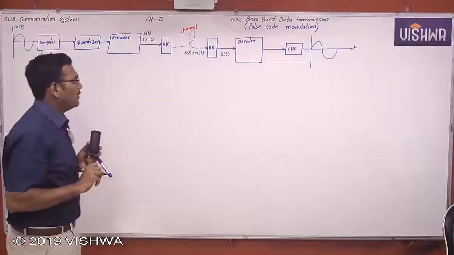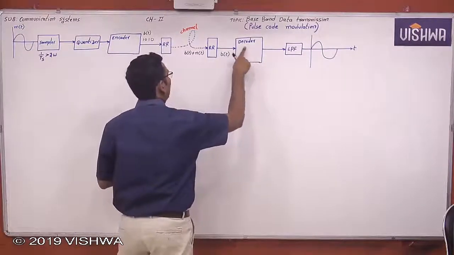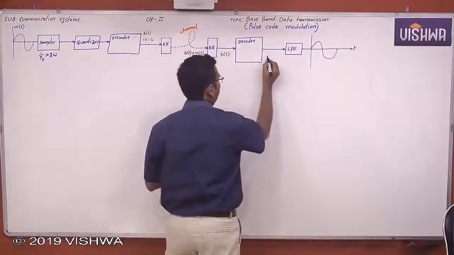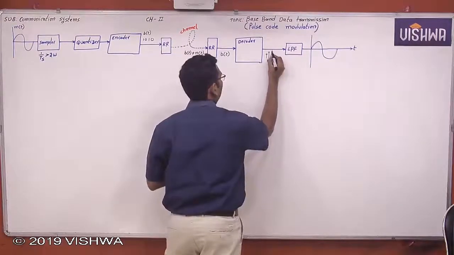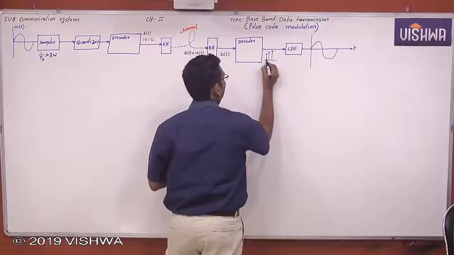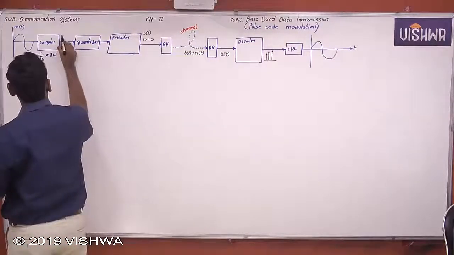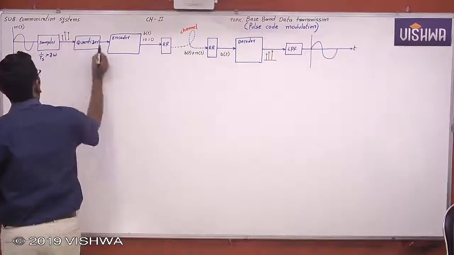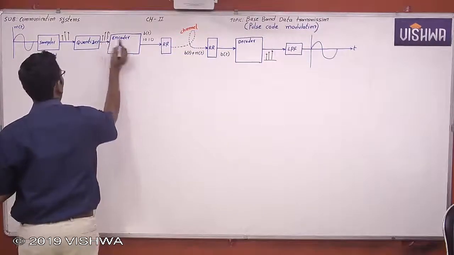Now, what is the decoder? The decoder output converts the binary data again to samples. Here the original signal is converted to samples, then quantized samples, and ones and zeros.